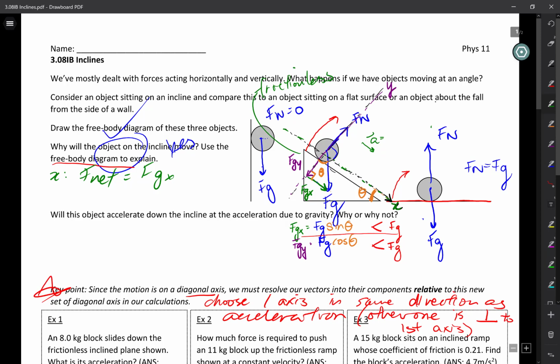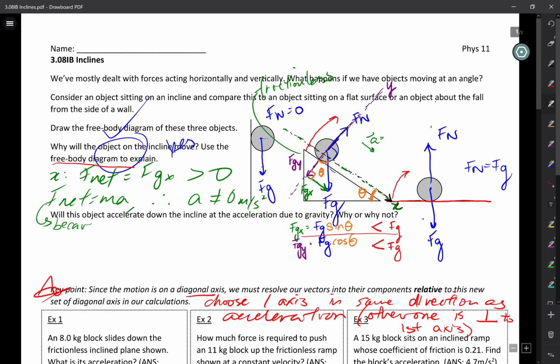And we know FGX is greater than 0, as long as this object has mass, of course. Because FGX is greater than 0 and F net equals ma, the acceleration cannot be 0 meters per second squared.